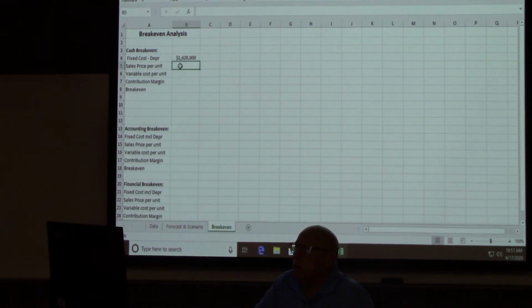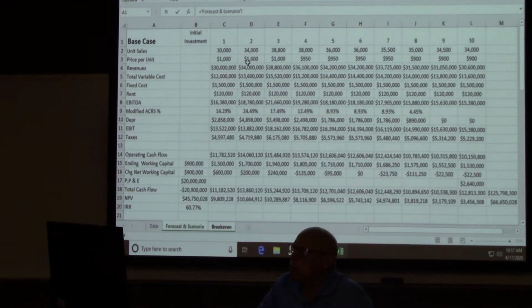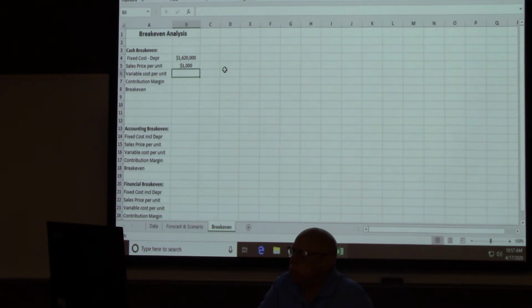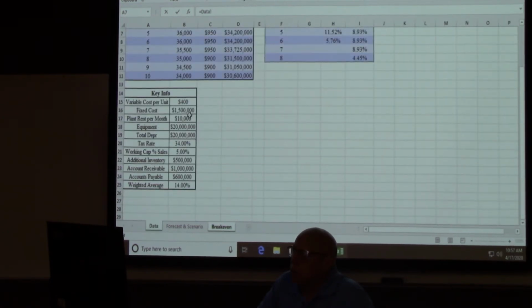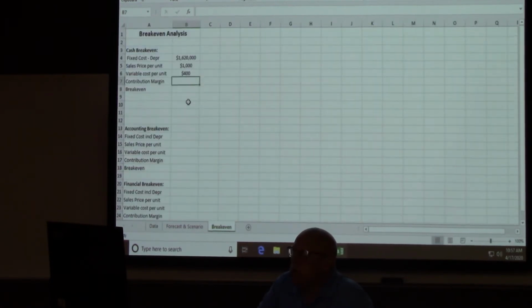Okay, and so the sales price per unit is equal to that, and variable cost per unit is equal to that, and the contribution margin is equal to this minus this.